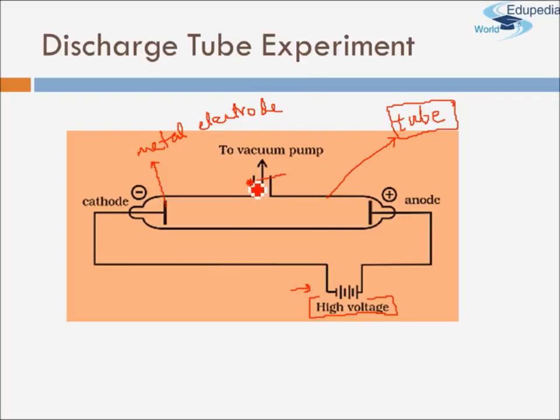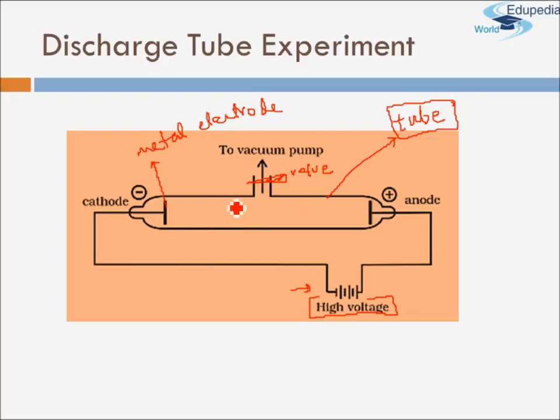You will have some kind of valve here. A valve is used like a lid, the way you have a lid on your boxes, which can be closed and opened. And you have a vacuum pump here for evacuation of the gas.